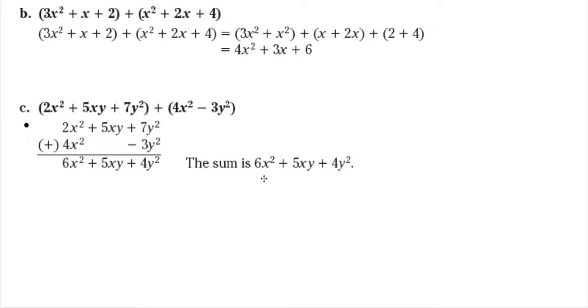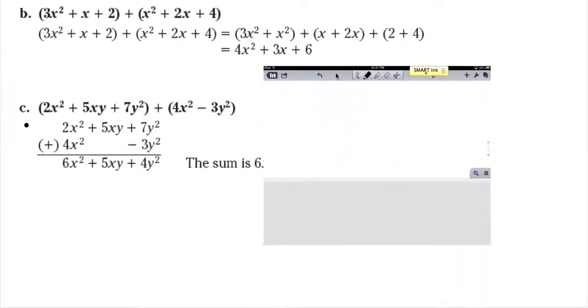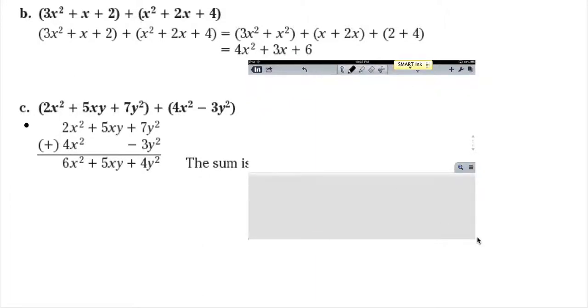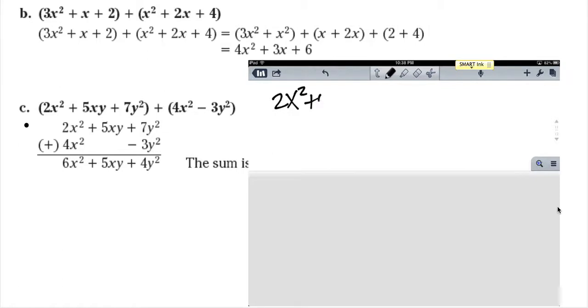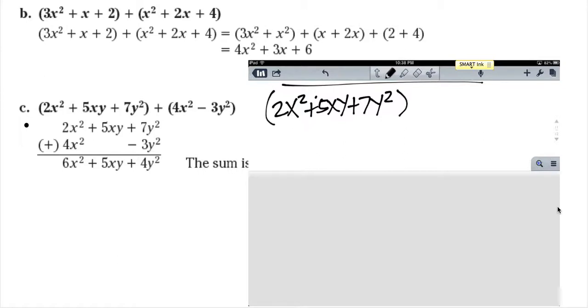Another way you can do this is this method. If you have the same example, let's use the same example: 2x squared plus 5xy plus 7y squared, and I'm going to add it to 4x squared minus 3y squared.